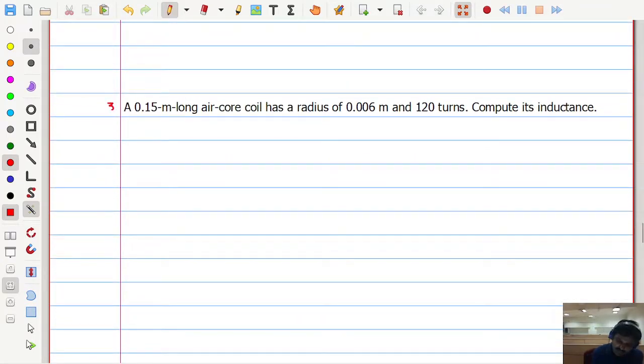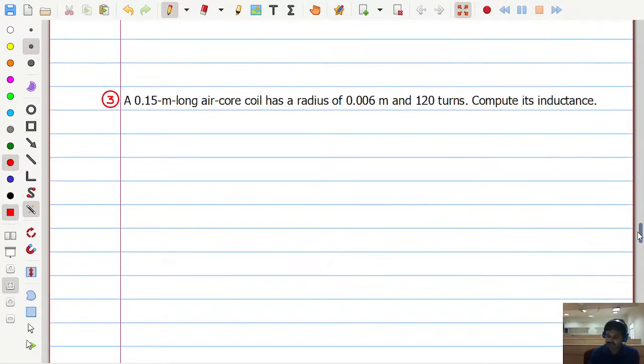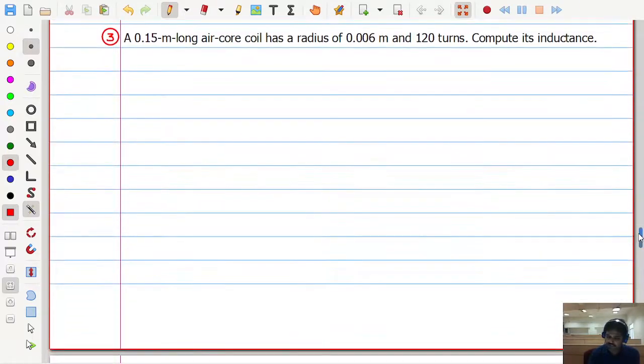So this third one. See this, read it again. A 0.15 meter long air core coil, which means the length of the coil is given. How much is that? 0.15 meters.